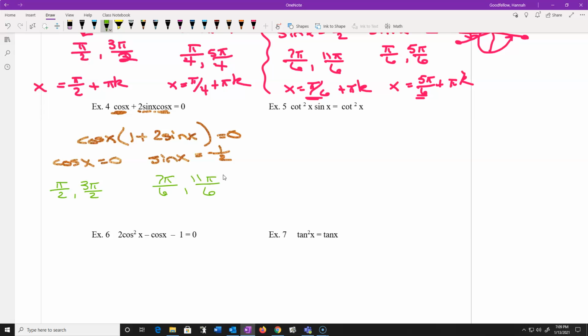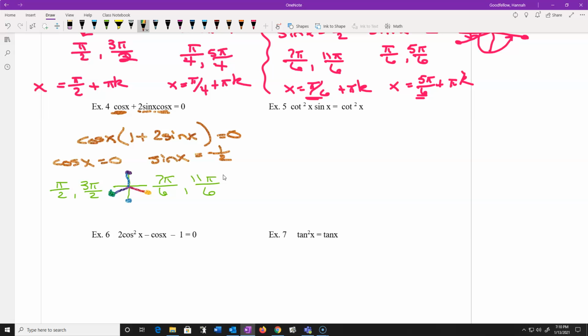Your first gut instinct is probably to see that maybe these don't have anything in common, but it is definitely worth drawing their locations to see whether or not they have a connection to each other. So pi over 2 and 3 pi over 2 are listed here and here. And then it's funny to see where the 7 pi over 6 and the 11 pi over 6 are located.